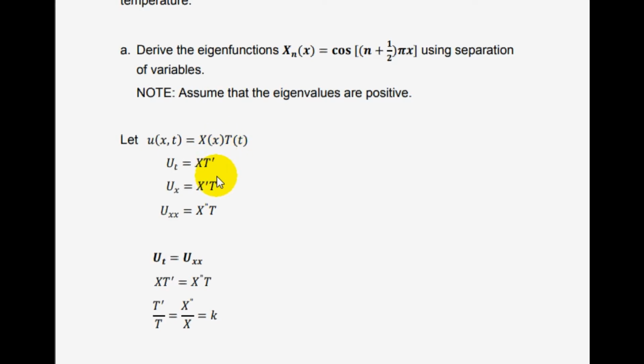So we will get the equation like this. We derive t, which means X times the derivative of T, and then u_x means the derivative of X times T, and u_xx means deriving X two times.